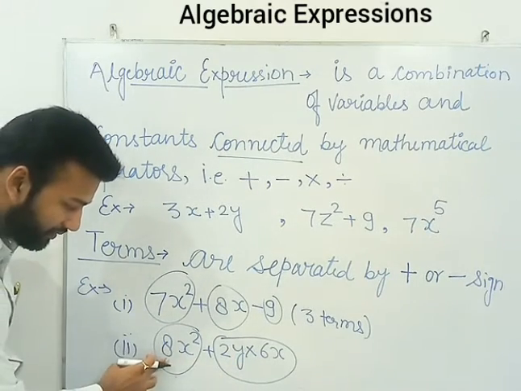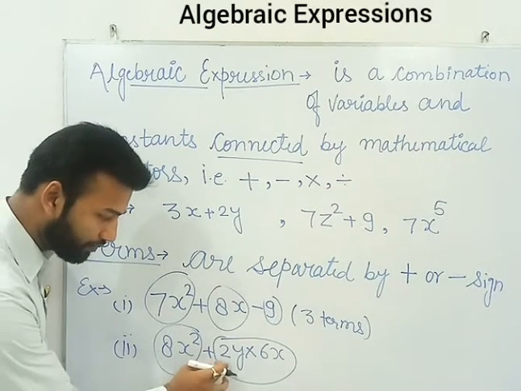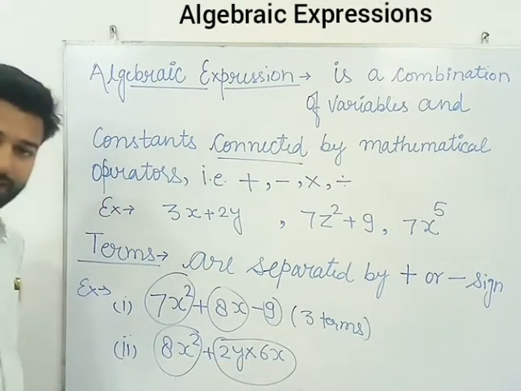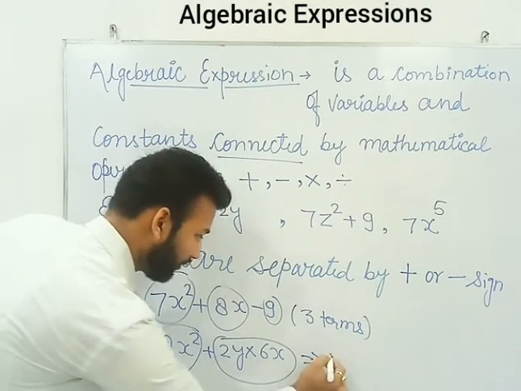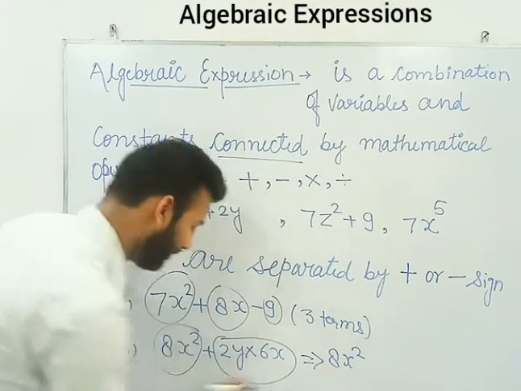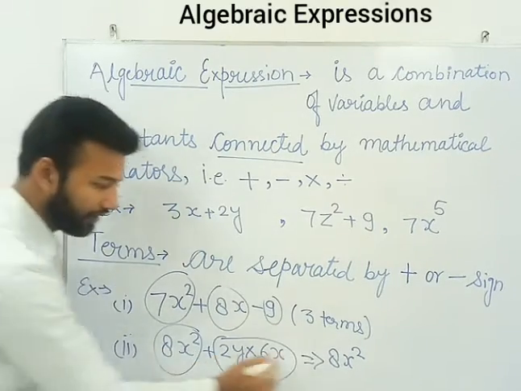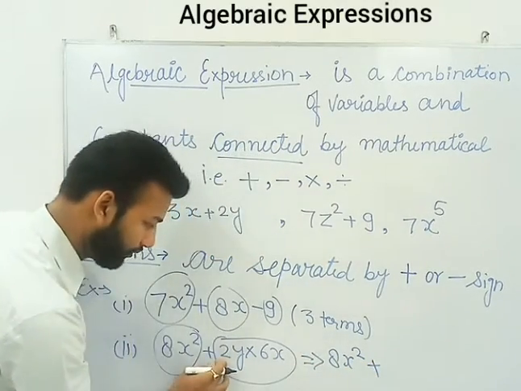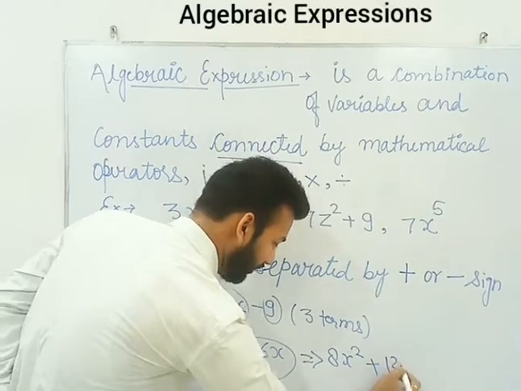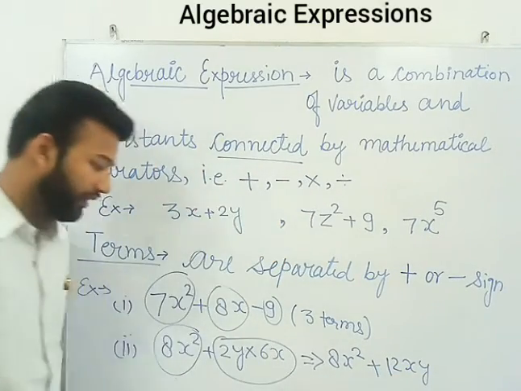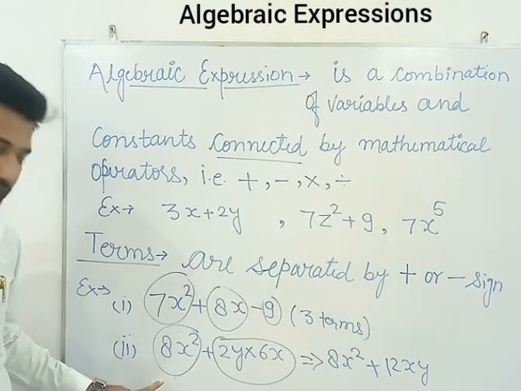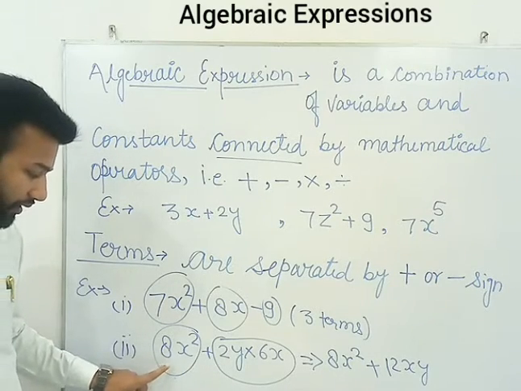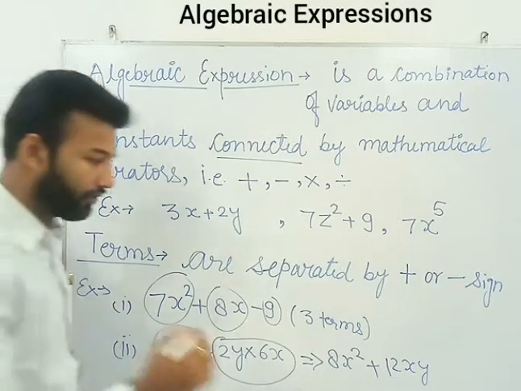So the first term is 8x square, and plus 2y multiply 6x is the second term. The reason is, when we solve, it becomes 8x square plus 2 times 6, that is 12xy. That's why this is only one term. So how many terms are there in this algebraic expression? 1 and 2. Only 2 terms, remember.